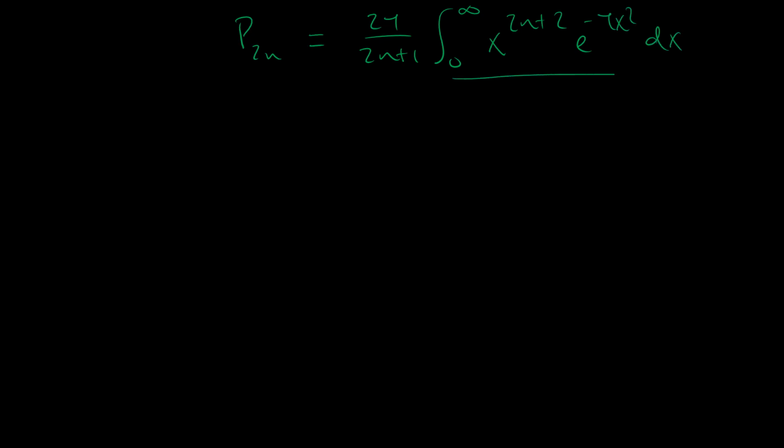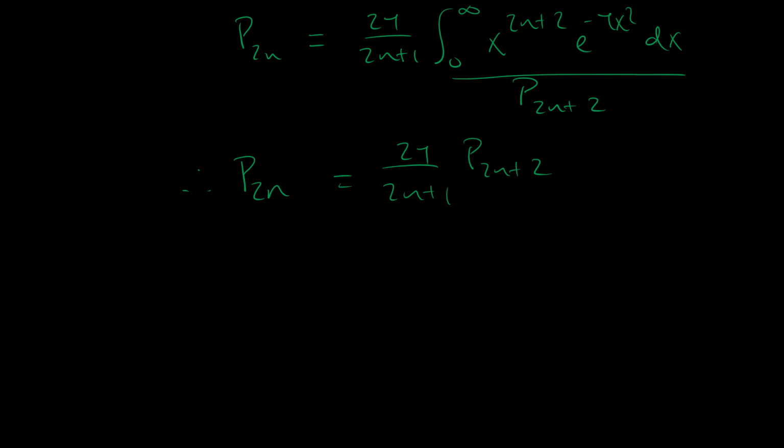So we've come to a point where we've shown that P2n is the same as 2y over 2n plus 1, 0 to infinity of x to the power 2n plus 2 e^(-yx squared). Now this part here is the same as P2n plus 2, which means that the integral P2n is the same as 2y over 2n plus 1 times P2n plus 2.